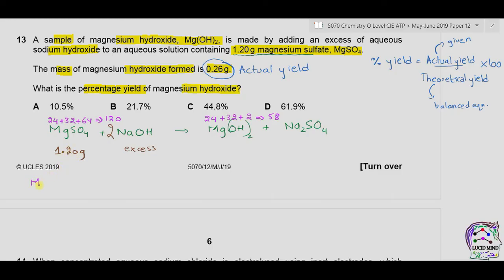Now let's find the number of moles of magnesium sulfate in 1.20 grams. As we know, moles is equal to mass in grams divided by molecular mass. Mass in grams is 1.20, while molecular mass is 120. It comes equal to 0.01 moles of magnesium sulfate.